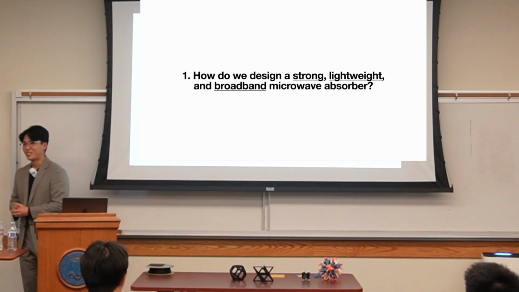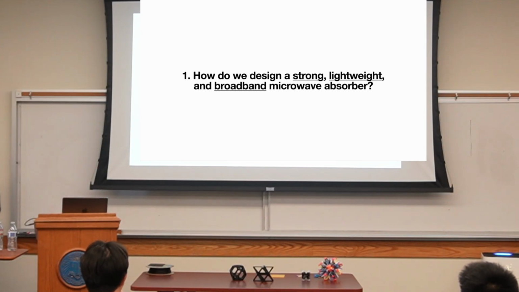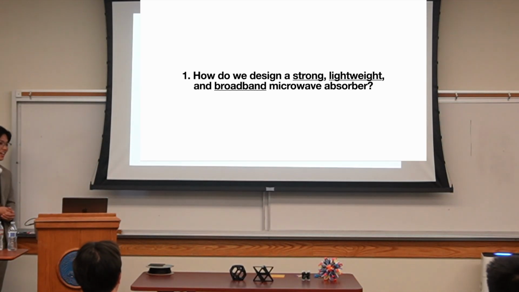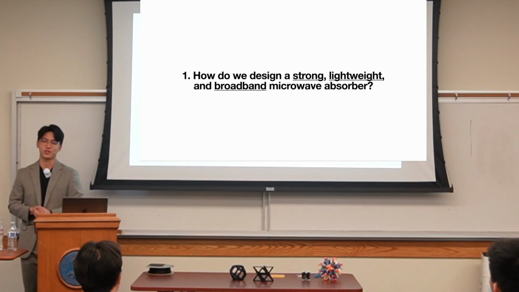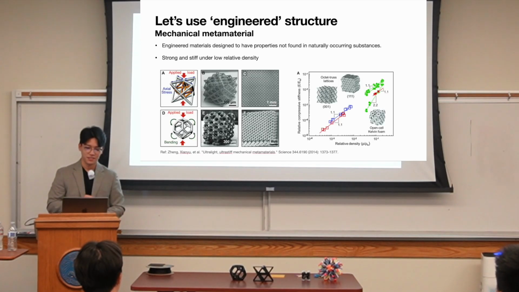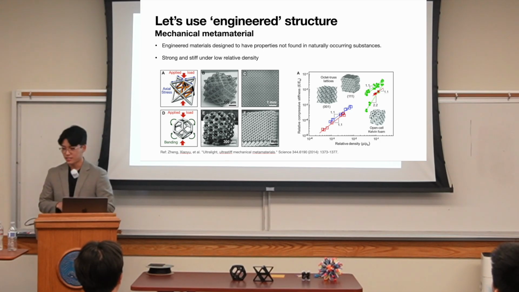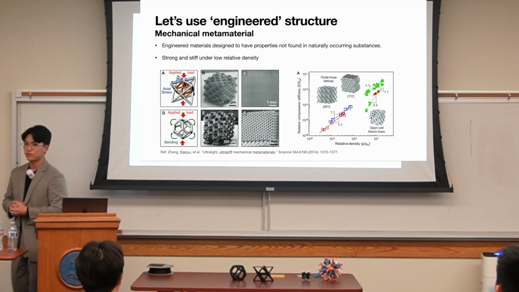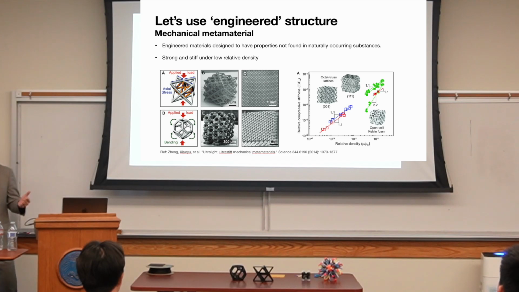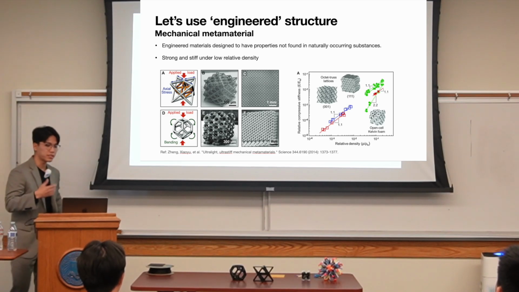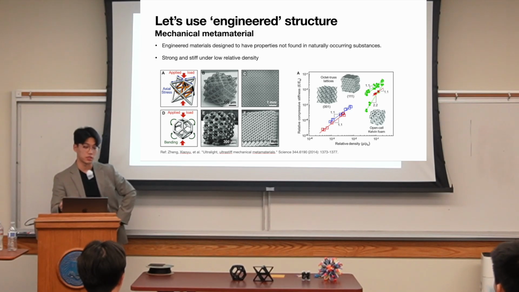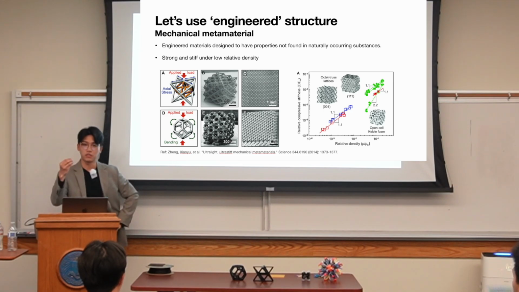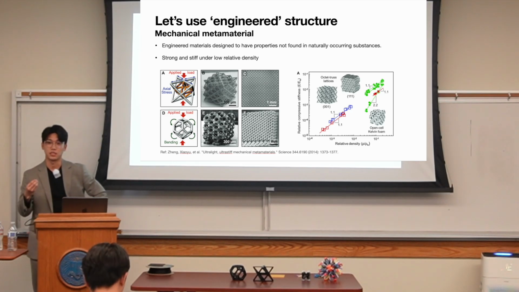Which finally led to the first research topic, which is how do we design a strong, lightweight, and broadband absorbing structure. And the idea on this is let's use mechanical metamaterial, which is an engineered structure. When we say mechanical metamaterial, it is an artificial material that's able to achieve properties that don't exist in nature.